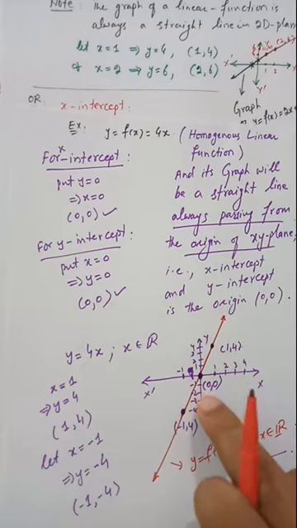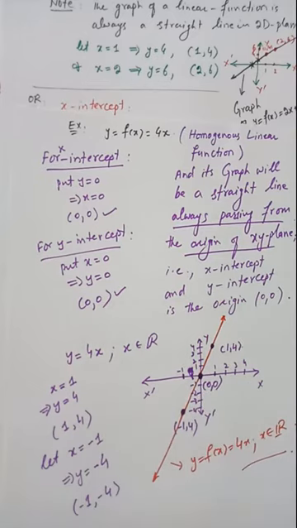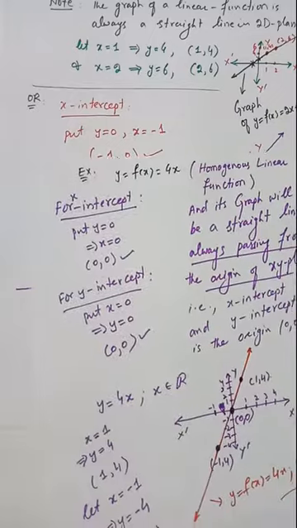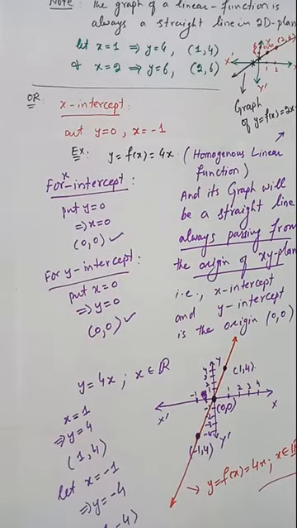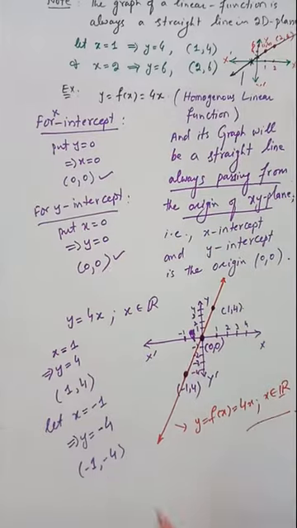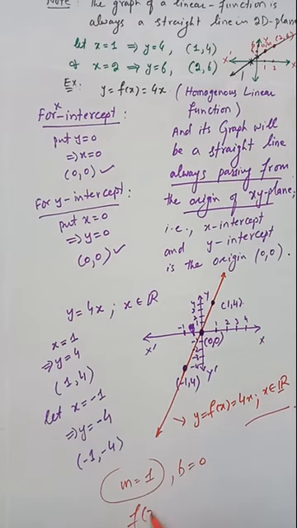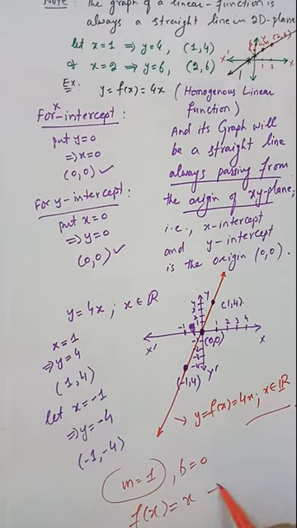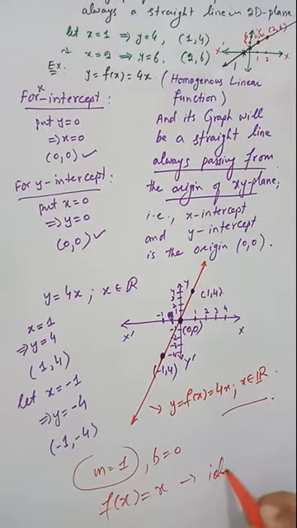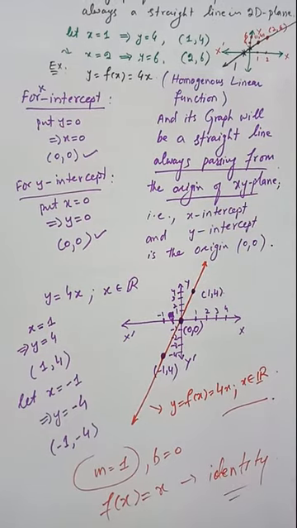Now in the general form, if m becomes 1 and b equal to 0, so f of x is equal to x, this is called the identity function. It is also a homogeneous linear function, so its graph will also be a straight line passing through the origin.